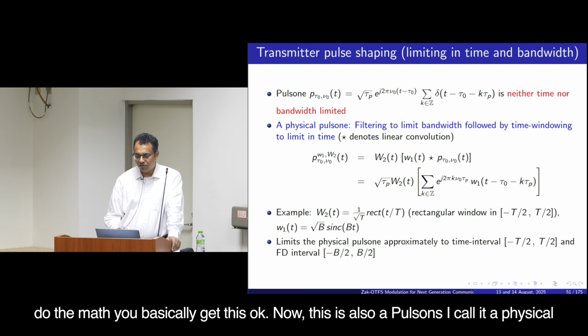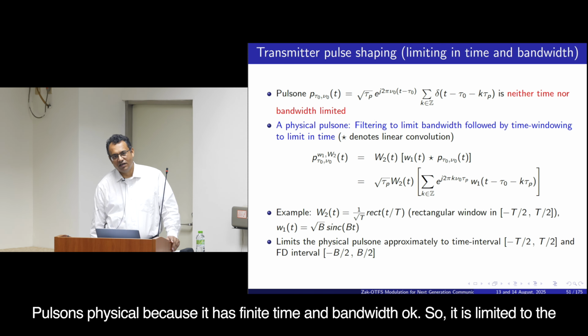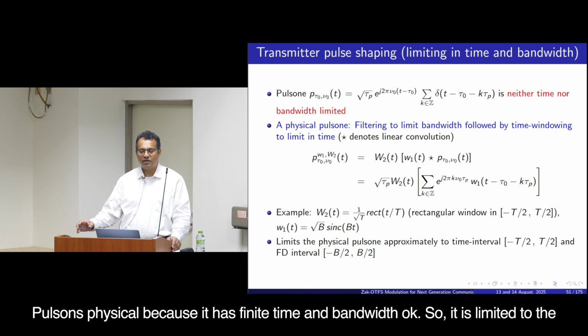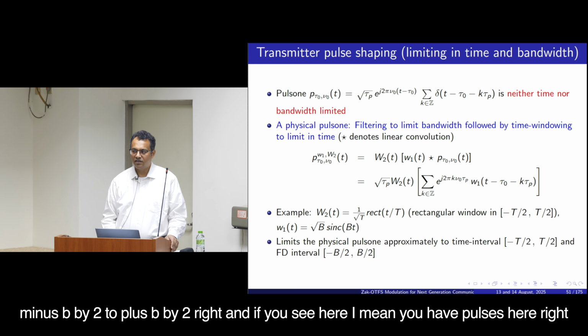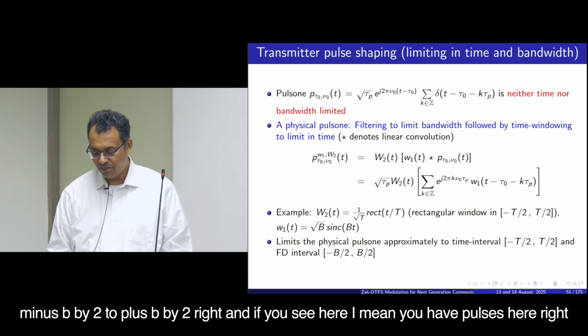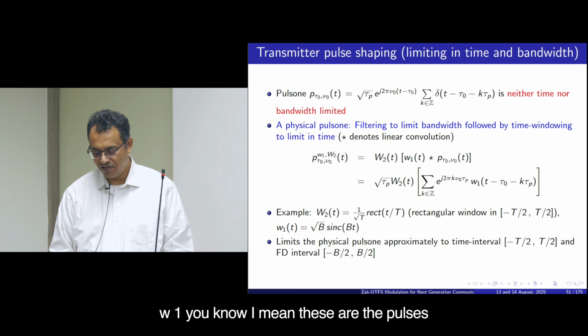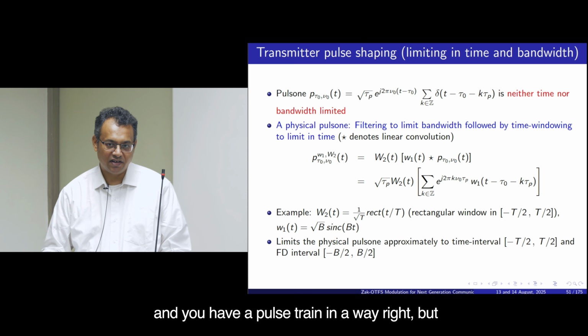Now this is also a pulson, okay. I call it a physical pulson, physical because it has finite time and bandwidth, okay. So it's limited to the time interval minus T by 2 to plus T by 2, and it is approximately limited to the bandwidth minus B by 2 to plus B by 2, right. And if you see here, you have pulses, these are the pulses W1, and you have a pulse train in a way, right.